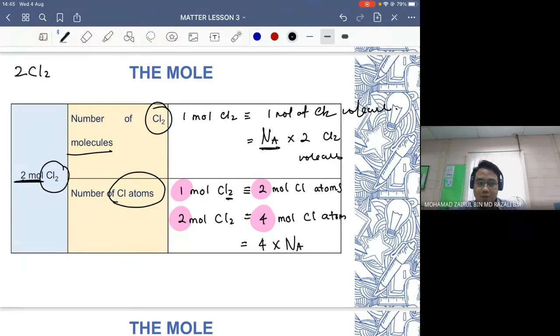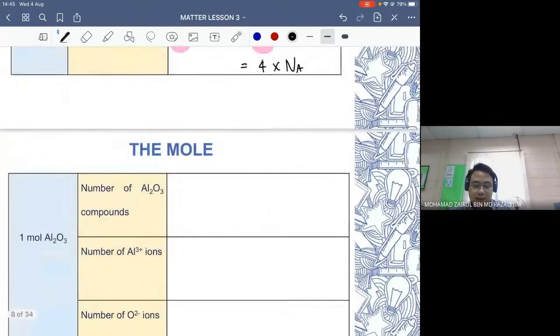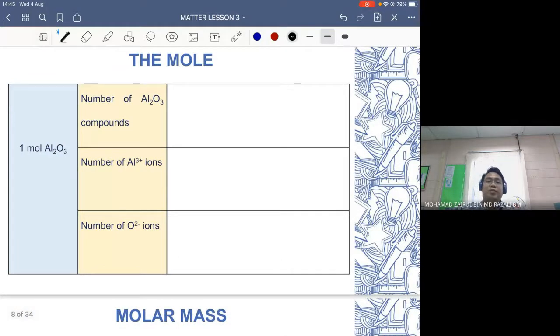Okay. So, kita tengok yang compound pula. So, I have 1 mole of aluminium oxide. Okay, so sekejap saya panggil nama terus lah. Brenda.